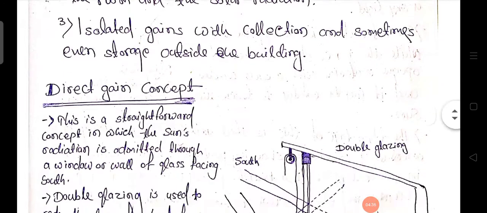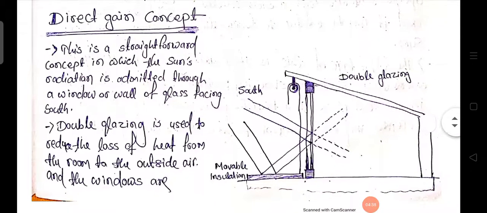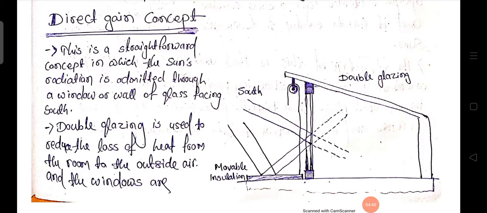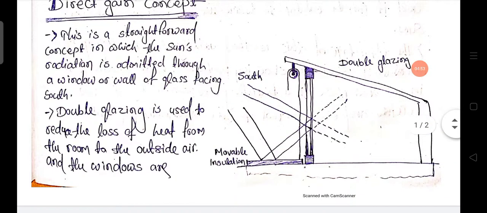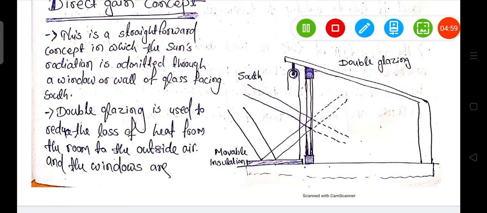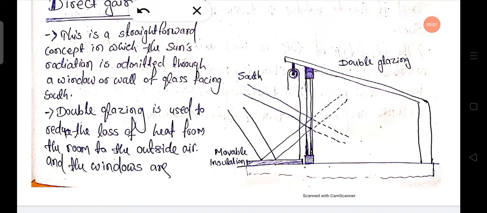What happens in the direct gain concept, we'll see. This is the building design.